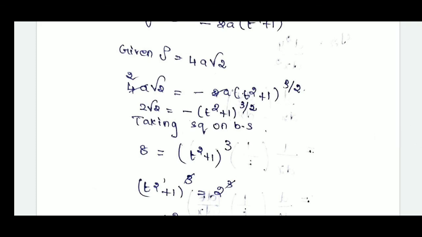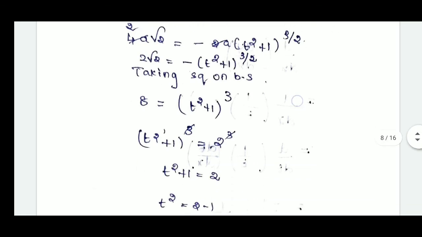On both sides the 2 and 2 get cancelled, and a also gets cancelled. We get 2 into root 2 equals minus of (t square plus 1) the whole raised to 3 by 2. Taking the square on both sides, 2 square gives 4, root 2 square gives 2. So 4 into 2 we get 8, and 8 equals (t square plus 1) the whole raised to 3 by 2 the whole square. The 2 and 2 get cancelled, we get a cube.